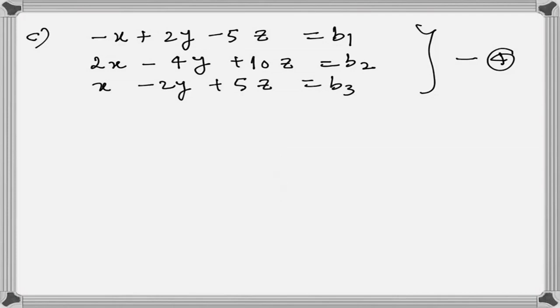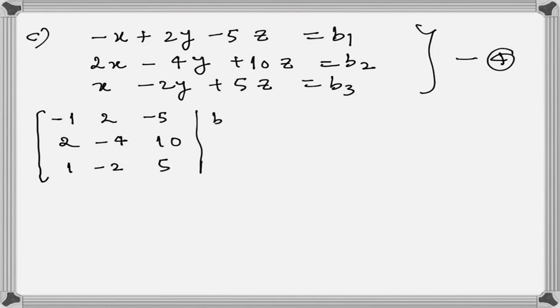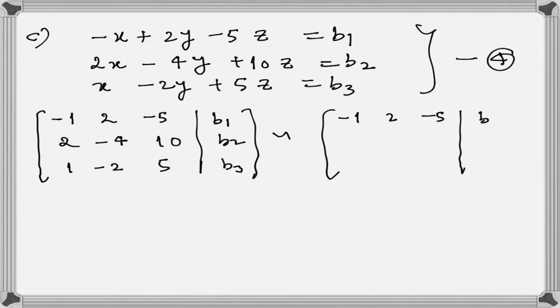Okay, so let's consider the augmented matrix for this system: minus 1, 2, minus 5; 2, minus 4, 10; 1, minus 2, 5; and b1, b2, b3. So let's reduce this. We take minus 1, 2, minus 5 and b1.